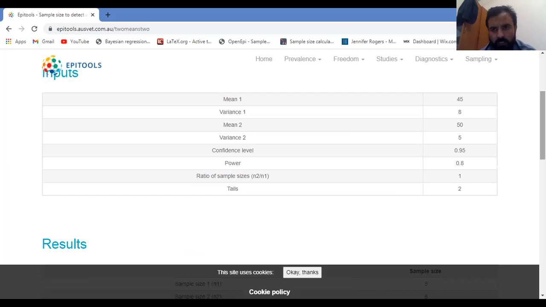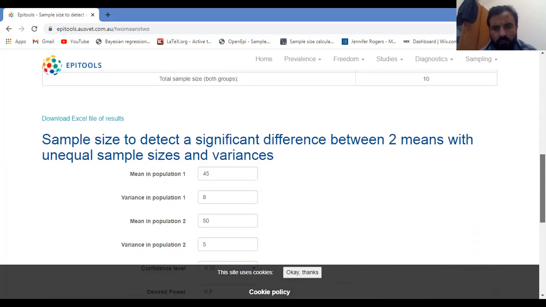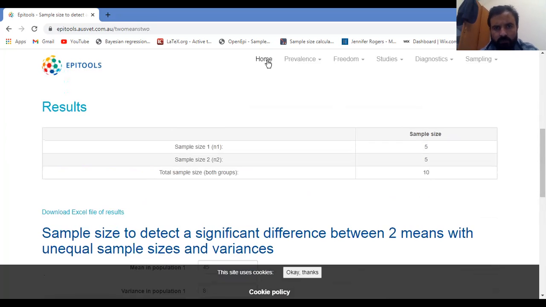If you want to take a larger size in group 1, then you can take the ratio as point something, or less than 1. So this is all about the sample size calculation for detecting a difference in two population means.